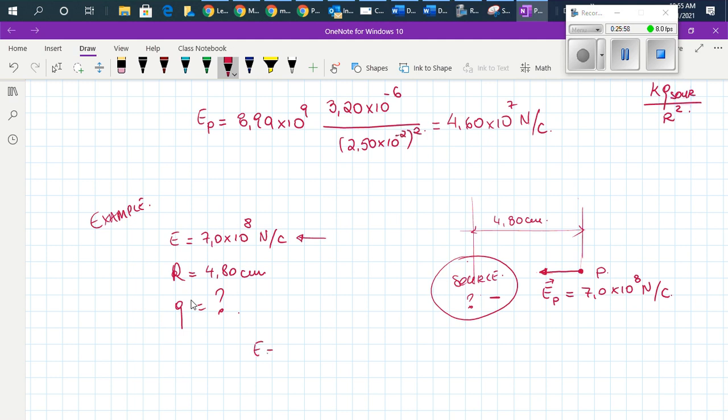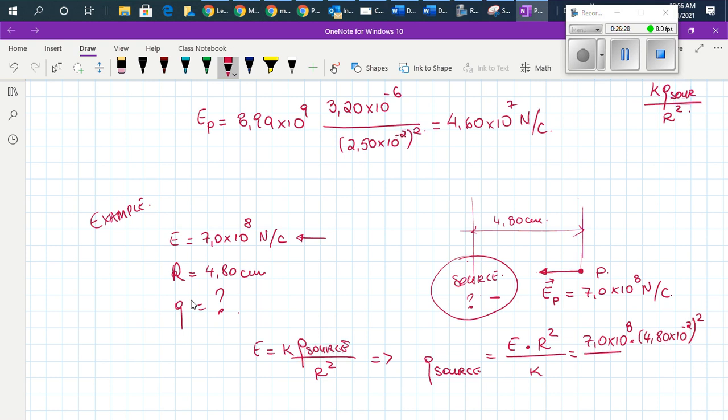We have E equals K Q of the source over R squared. From here, we can find that Q of the source is the electric field strength at that point times the distance squared over K. And in our case, it will be 7.0 times 10 to the power of 8 times 4.80 times 10 to the power of negative 2, the whole thing to the power of 2, over 8.99 times 10 to the power of 9.